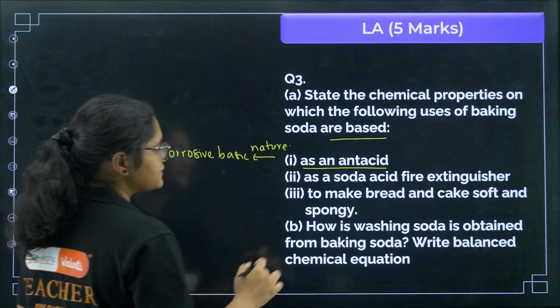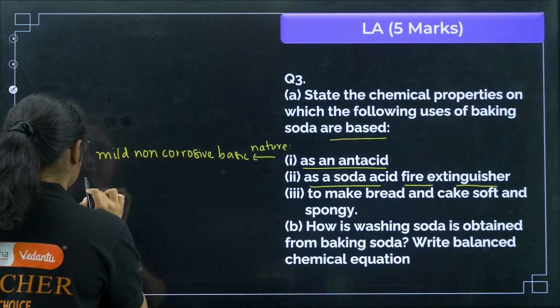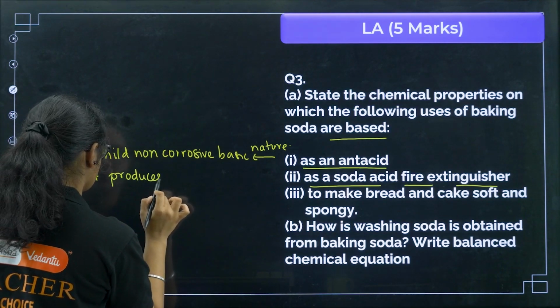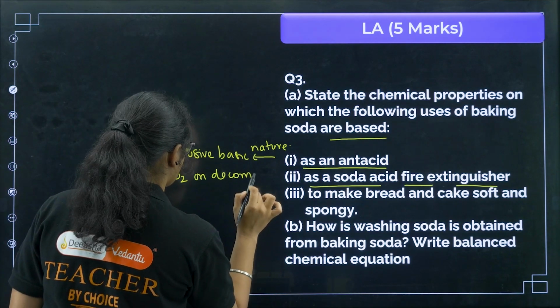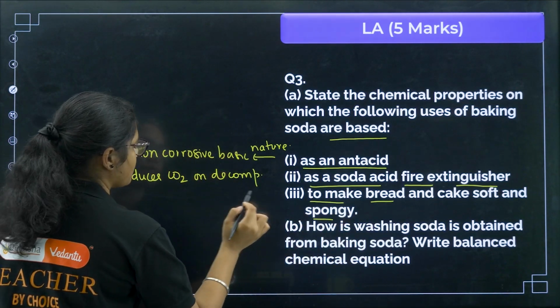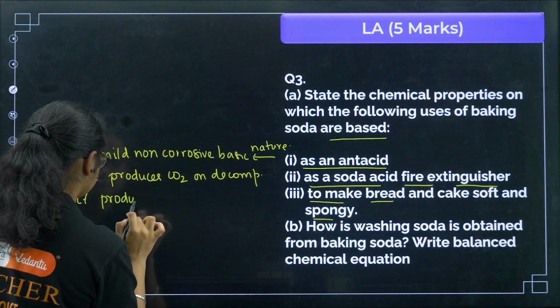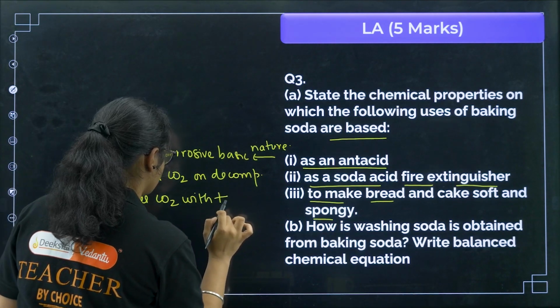Next, it is used as a soda acid fire extinguisher. Why? Because it produces CO2 on decomposition. To make bread and cake soft and spongy, that is because it produces, again, CO2 with tartaric acid.